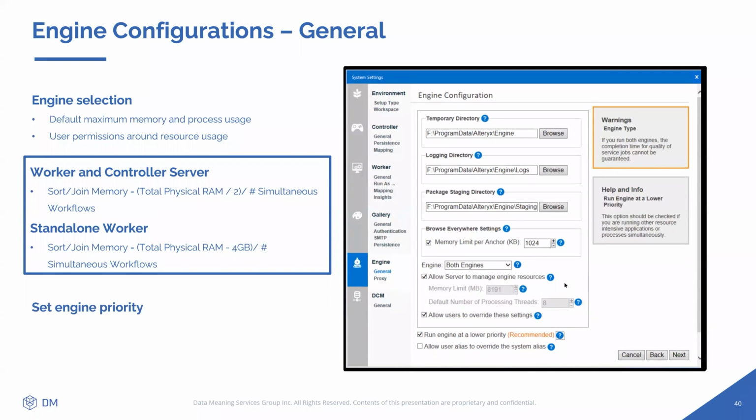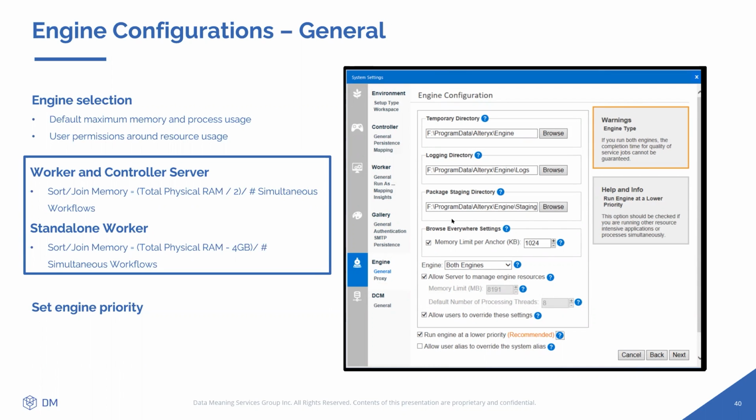Next, run engine at lower priority. It is recommended because this will ensure that the Alteryx engine will run at lower priority over all other applications running on the same machine. By doing so, even the gallery will remain responsive when you are running a large workflow in the background, for example.